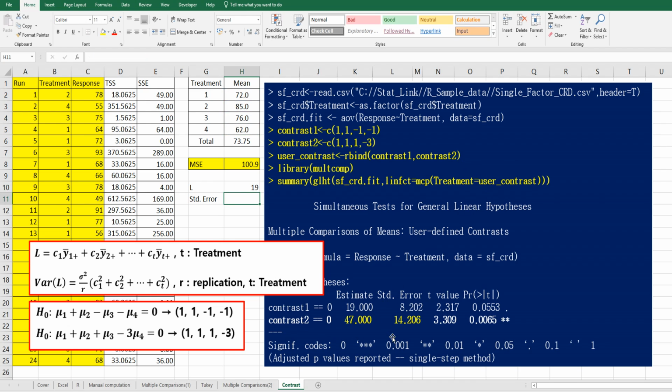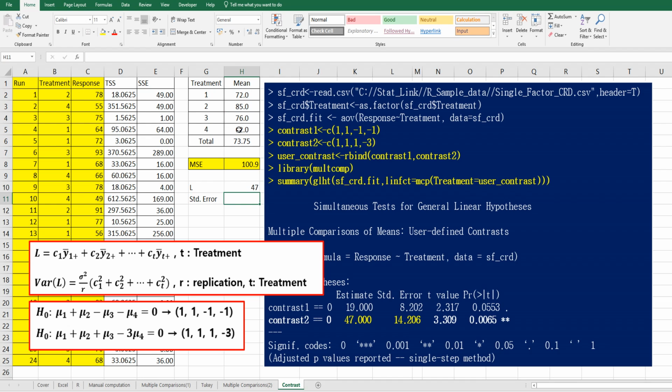So let's move on to contrast 2. 1 multiplied by treatment 1 plus 1 multiplied by treatment 2 plus 1 multiplied by treatment 3 minus 3 times treatment 4. Right.